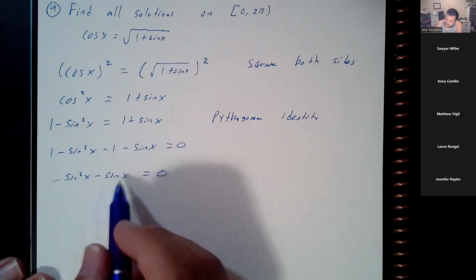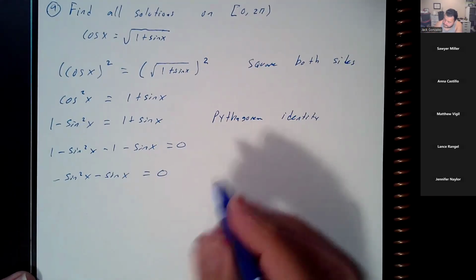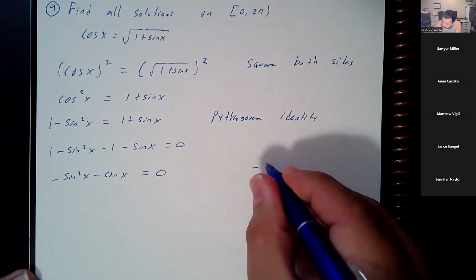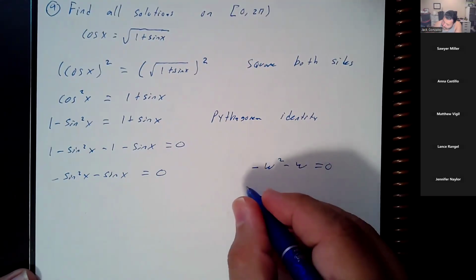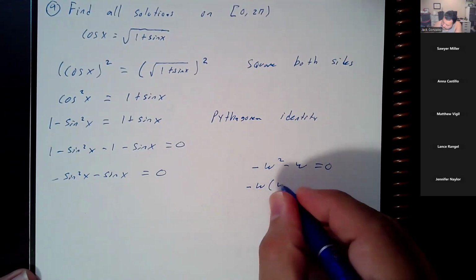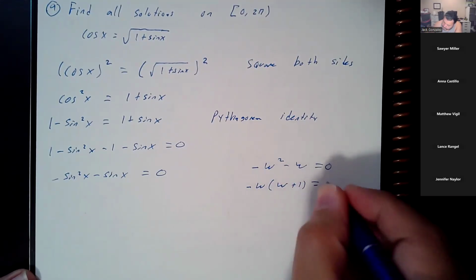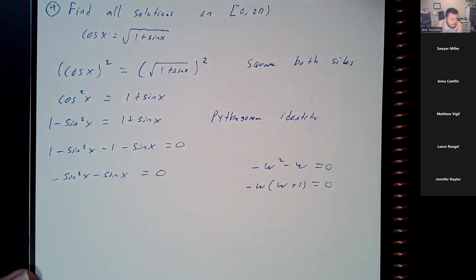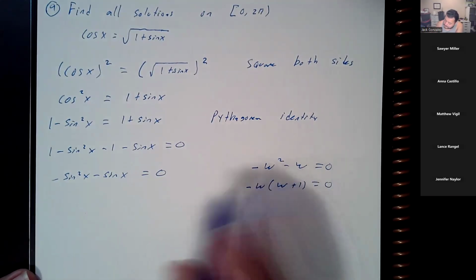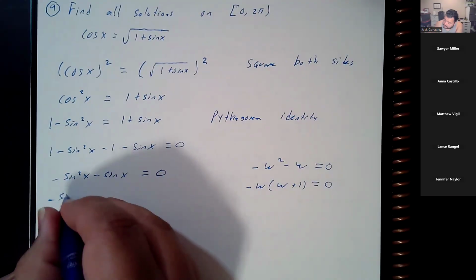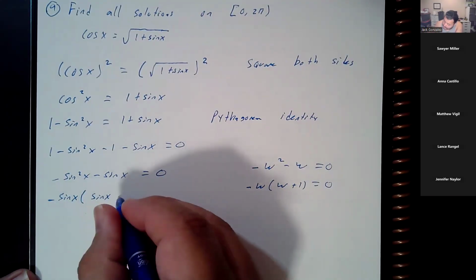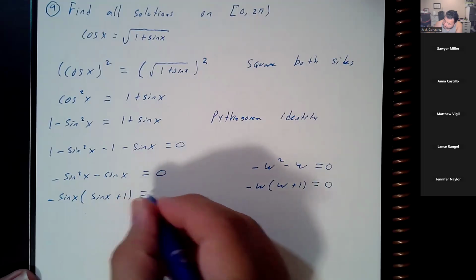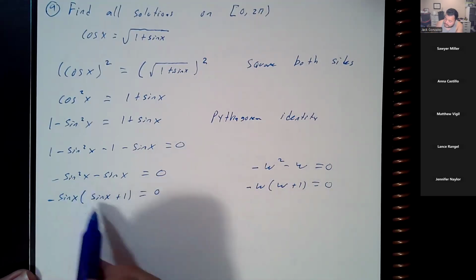Just treat them as variables and factor it out. If you had W, you would factor in order to solve, so it's the same thing. I factored sine, and we get to here. I factored the negative at the same time, so that switched the signs.